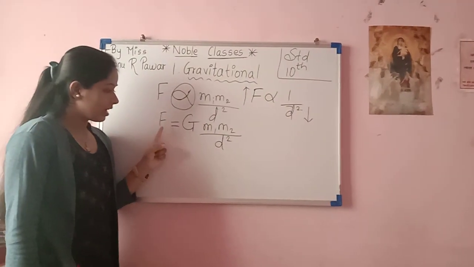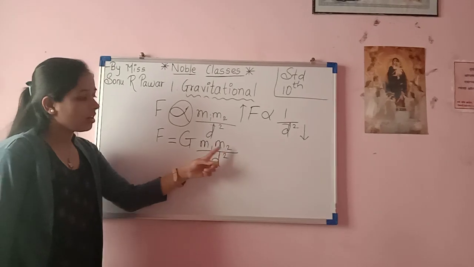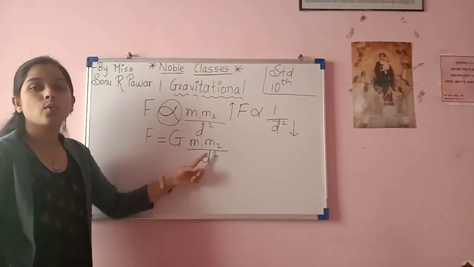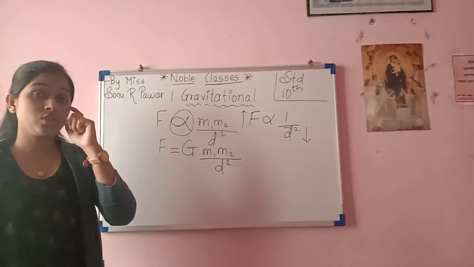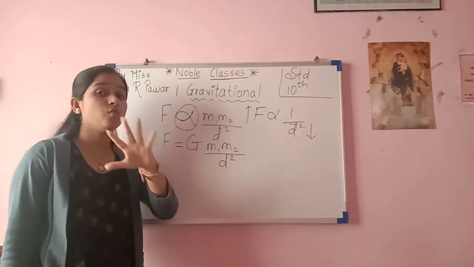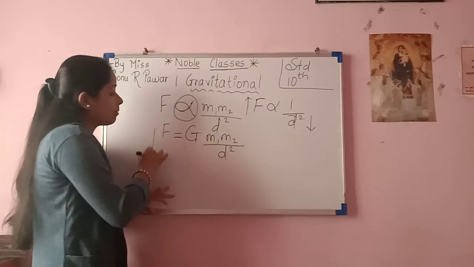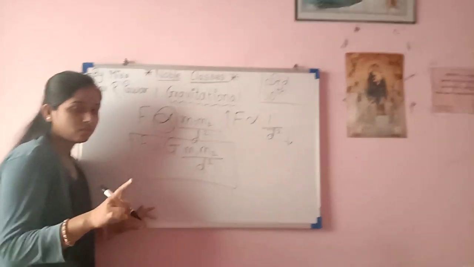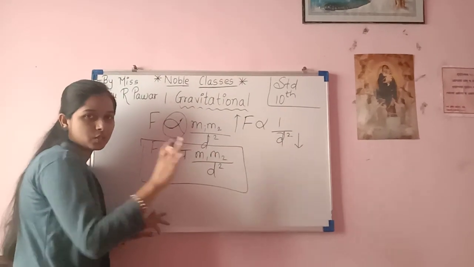That means gravitational force is equal to the product of the masses and inversely proportional to the square of the distance between them. For a 1 mark question also, this question comes: define gravitational force. So instead of remembering the entire statement, you can just remember this formula: F is equal to G m1 m2 upon d square.